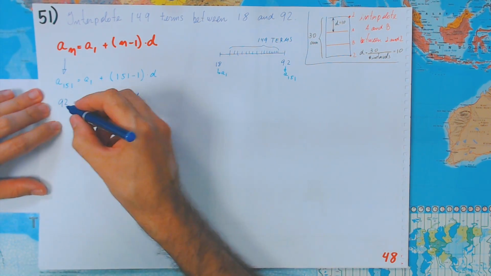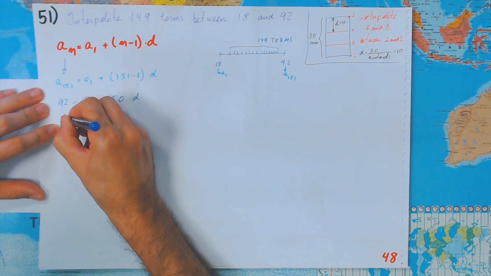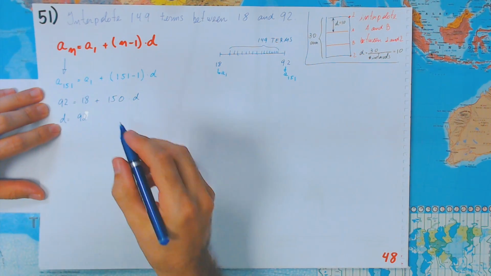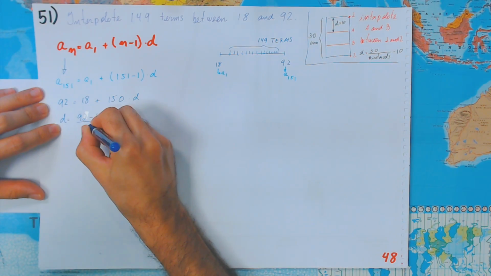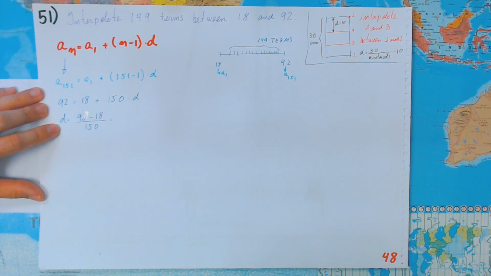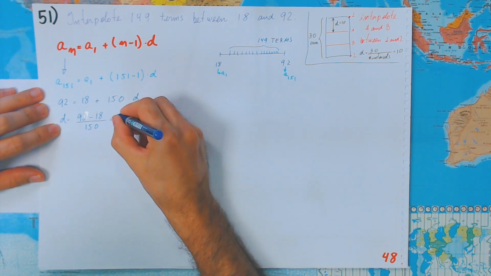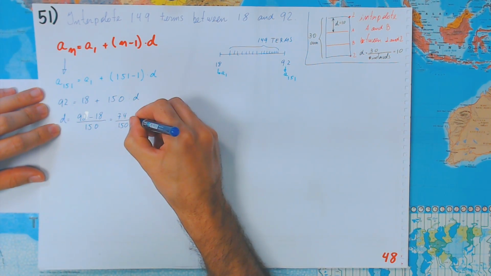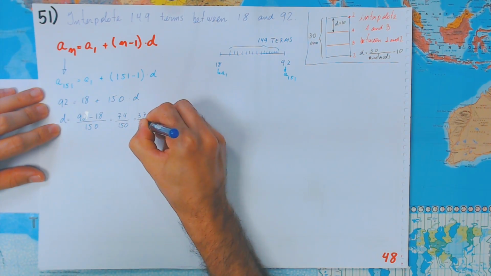That means that d is going to be 92 minus 18 divided by 150, and this is going to be 74 divided by 150. This can be simplified to 37 divided by 75.